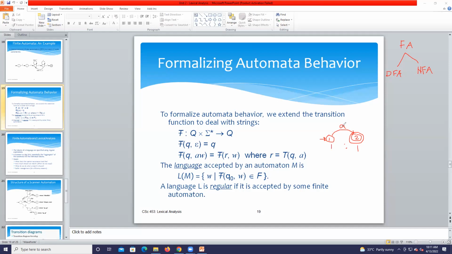From a single state with a single input symbol, we reach a single state only. If this is the process, then it is an example of DFA.